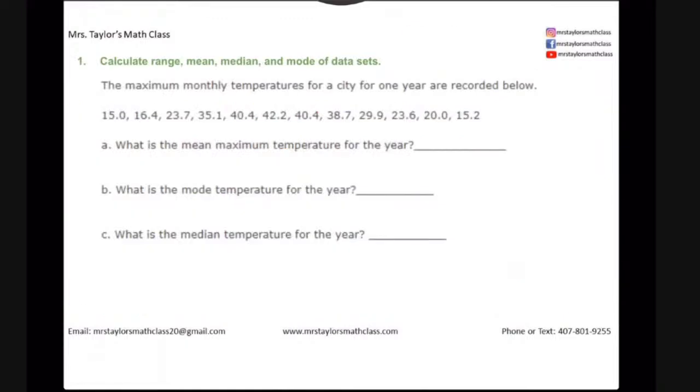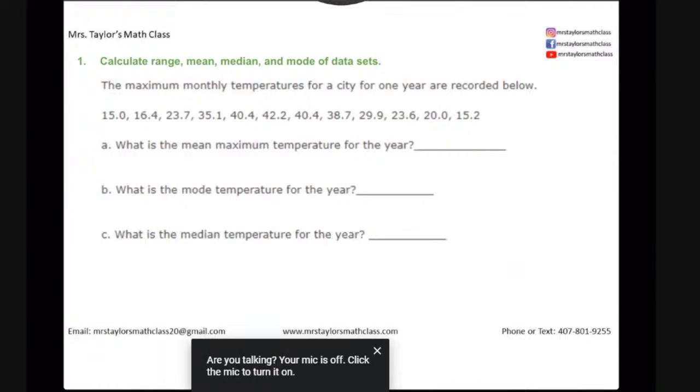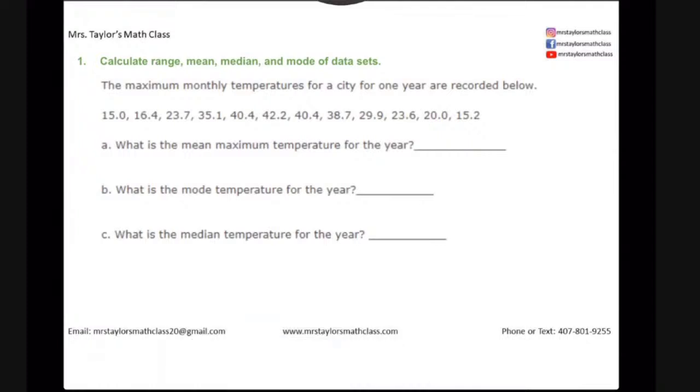So this one here says calculate the range, the mean, the median, and the mode. I think this is like the most popular one to do, and I think most people understand this, but of course we can go through it. It says the maximum monthly temperature for a city for 1 year is recorded below.